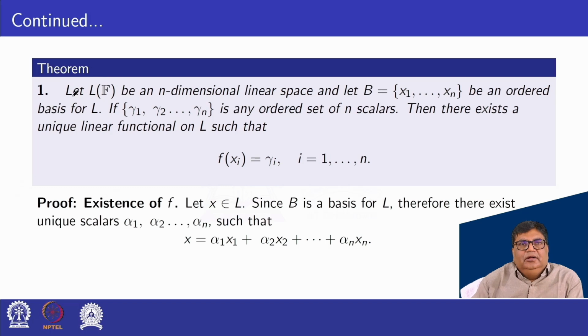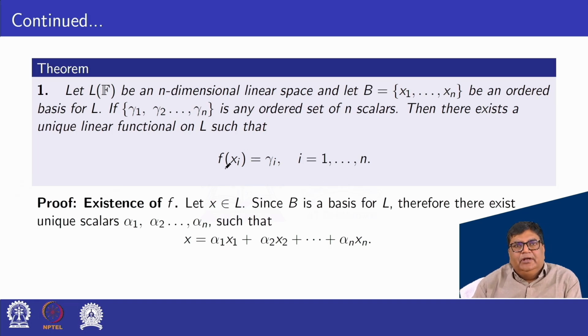Theorem. Let L(F) be an n-dimensional linear space and B equal to x1, x2 and so on xn be an ordered basis for L. If gamma 1, gamma 2 and so on gamma n is any ordered set of n scalars, then there exists a unique linear functional f on L such that f(xi) is equal to gamma i, where i is equal to 1 to n.